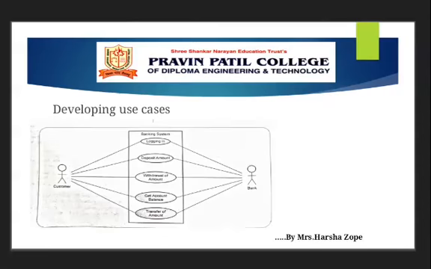Then next is developing use cases. Okay, in this, on screen you can see a particular diagram. It is called a use case diagram. In this diagram you can see two actors are present, that is a customer and bank.